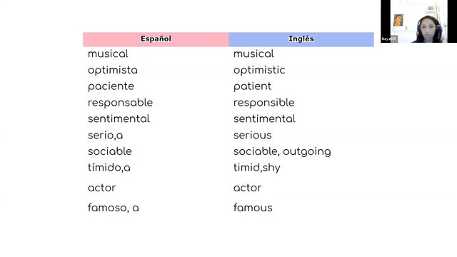Serio. Sociable. Sociable. Tímido. Tímido. Actor. Actor. Famoso. Famoso.